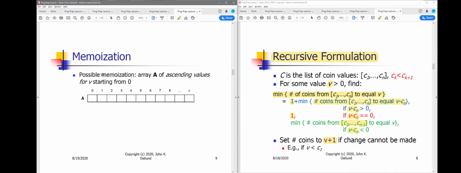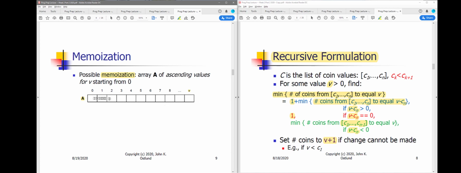All right, so for a memoization, let's start out with this array A, and we'll have possible values for the change that we're going to make, starting from 0 and then going up one integer at a time until we get to the value v that we've been asked to create change for.